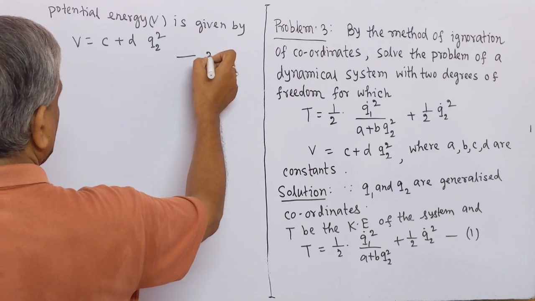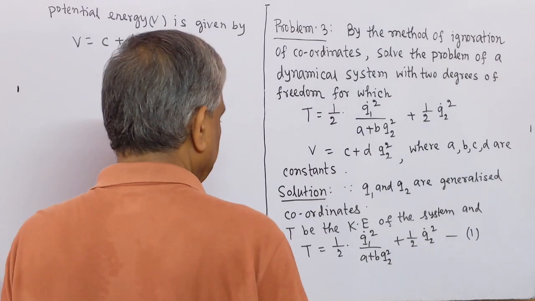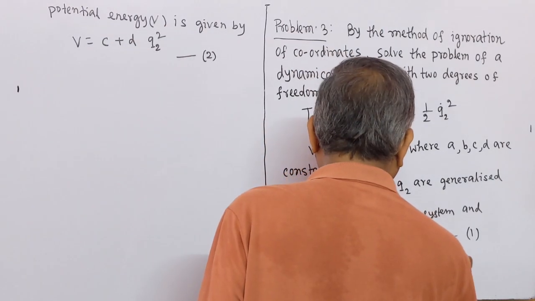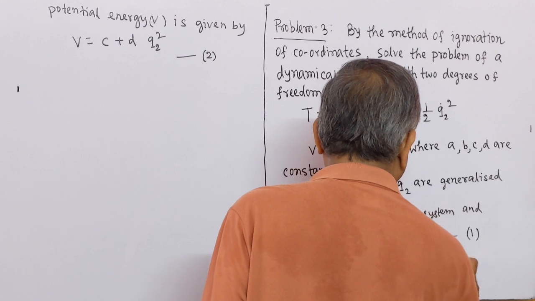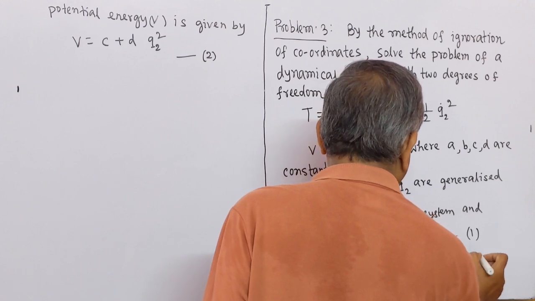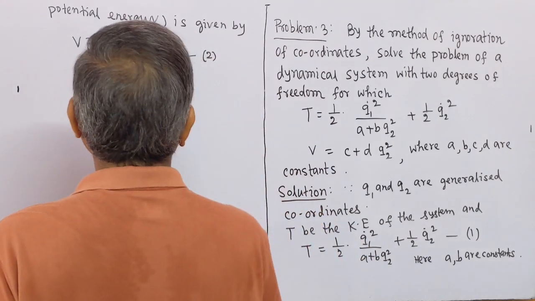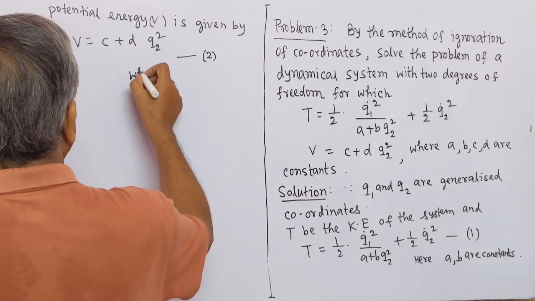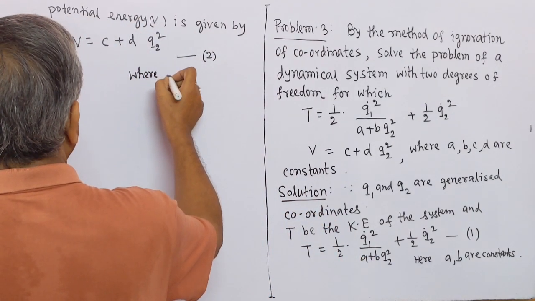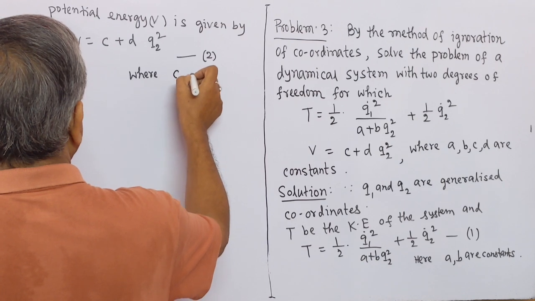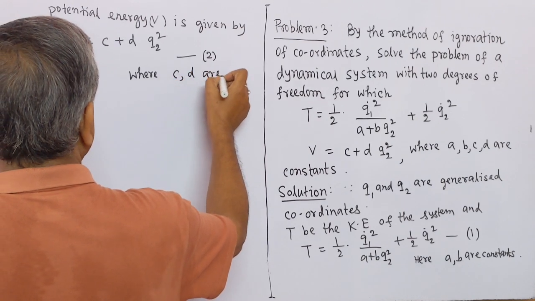This is number 2. Here A, B, C, D are constants.